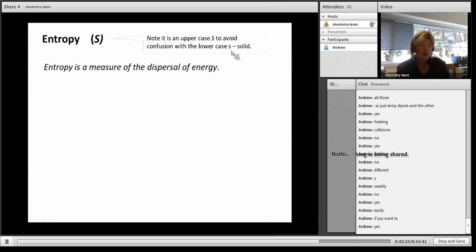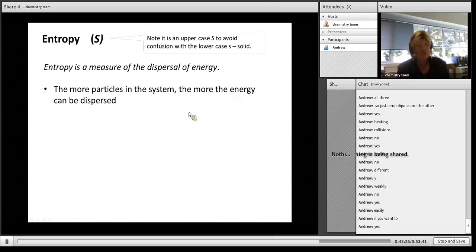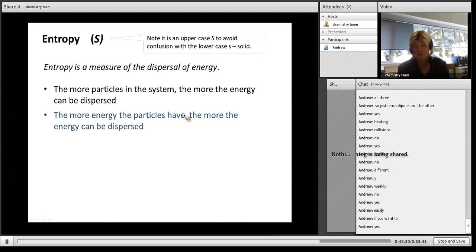So the more particles in the system, the more the energy can be dispersed. The more energy the particles have, the more the energy can be dispersed. So it's like if you've got 10 buses, each person is a particle containing energy. If you've got a bus full of people, and that moves out, that's carrying out like a chunk of energy.